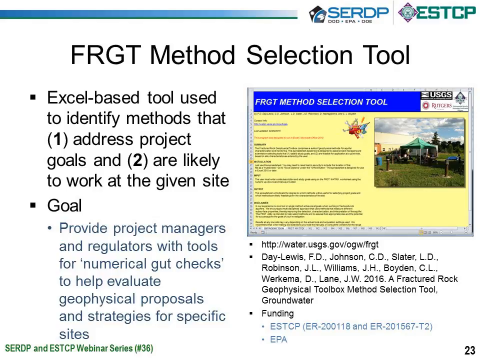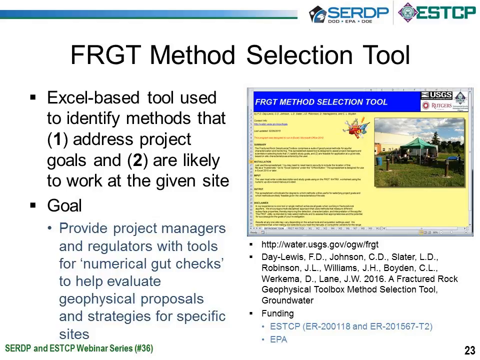So we, and I say we because this project is a collaboration between Rutgers University and the United States Geological Survey Office of Groundwater Branch of Geophysics, have developed a tech transfer tool, which is an Excel-based tool, to help identify the methods that would perhaps address a specific project goal and are likely to work at a specific site given the site conditions, including the geological conditions, but also a little bit about the hydrological conditions and also the infrastructure, for example, the type of wells, boreholes that might be available.